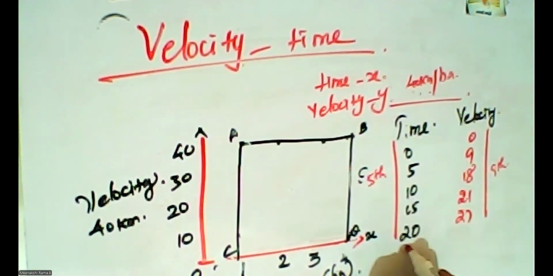So the time gradually increases by 5 seconds only. So the velocity of the car also increases by 9 meters per second. Okay. So this is the right data structure for uniform accelerated motion.